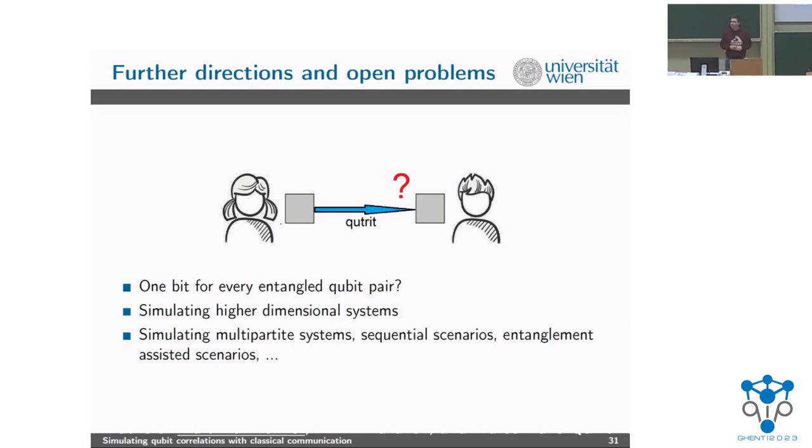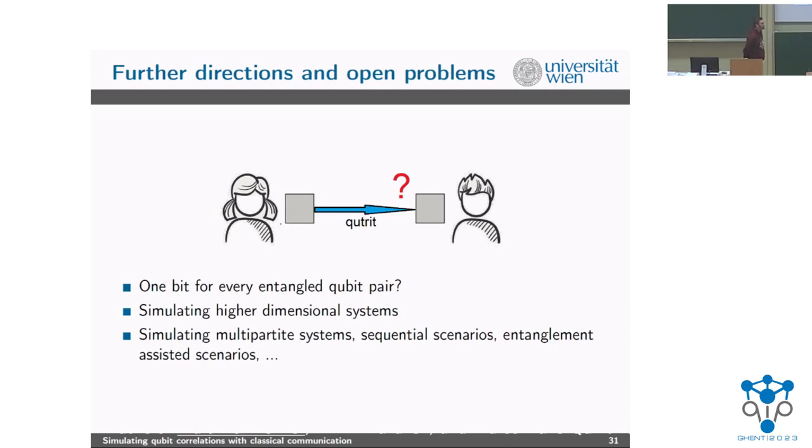A G-bit is the element of box world. It's basically 2 bits, but you are allowed to read out only one of them. And it turns out this is sufficient. I think this is interesting from a GPT perspective. So all the correlations you can achieve with a qubit can be simulated with a G-bit. Maybe that gives you something.